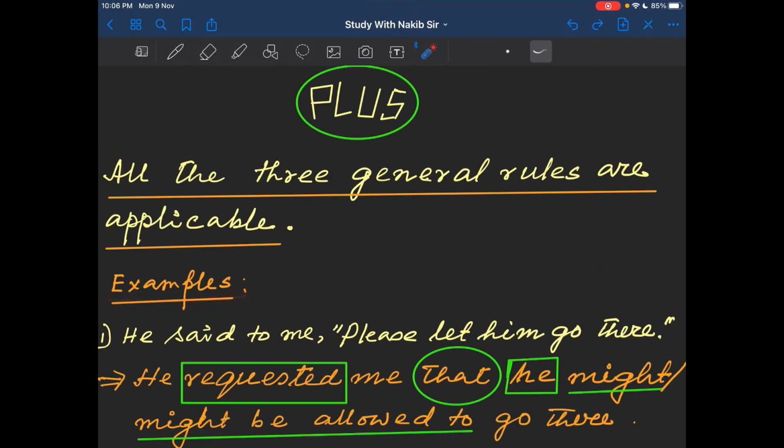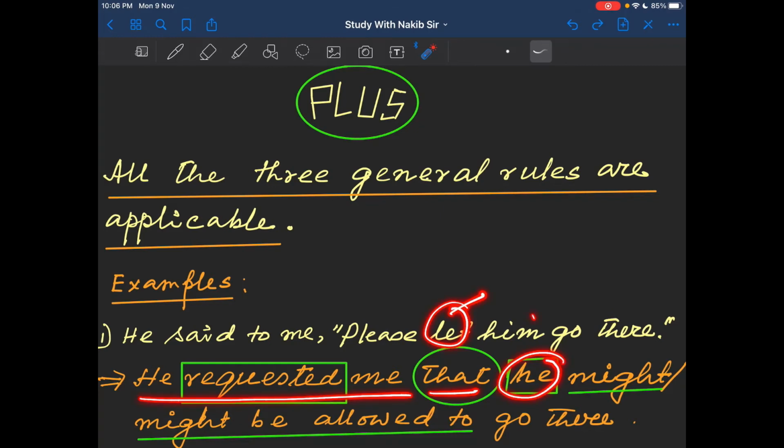See the examples, then your idea will be clear. See the first example. He said to me, please let him go there. See the use of the word please. It is saying that the reported speech here is a piece of request. So change the reporting verb to request. It is said, for this it is requested. So he requested me that. After that, the subject will be used. Here let will be out.